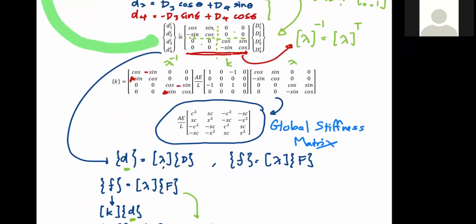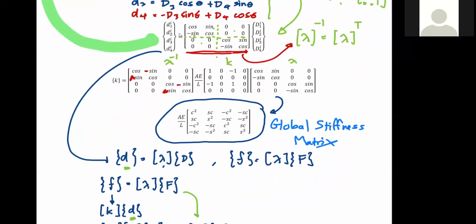That means if we finalize, we're going to use this form to calculate K, right? Well, you're quite ahead of our time, so I'm going to give the answer that you deserve. You use this if you're solving a problem in the global system.